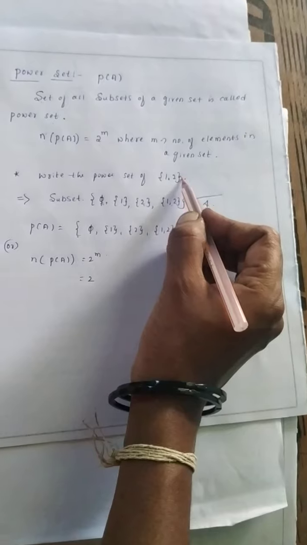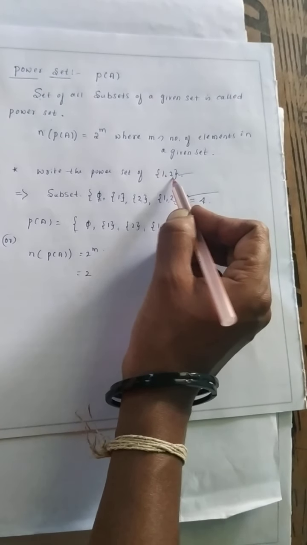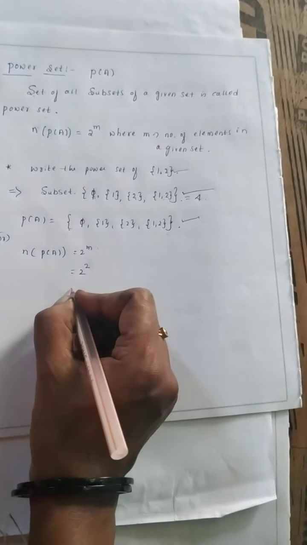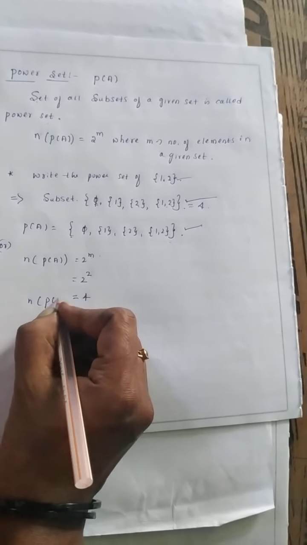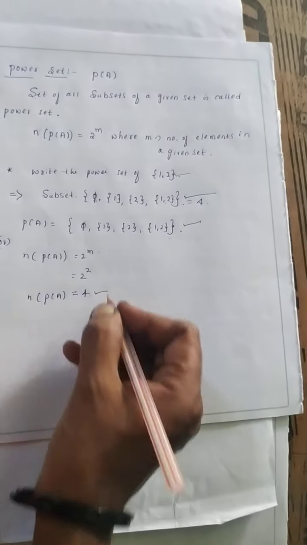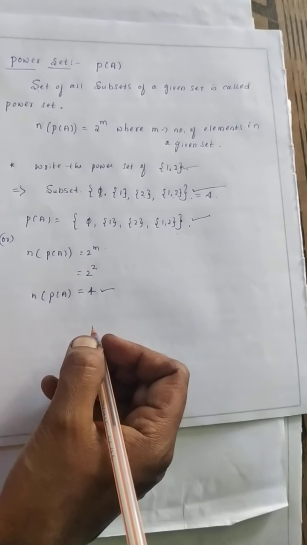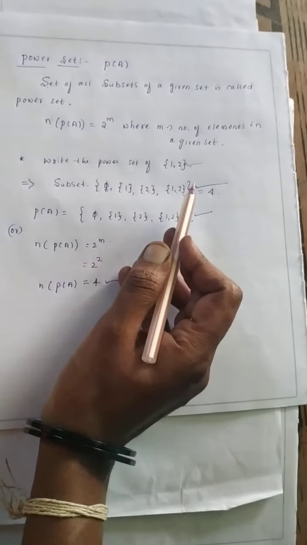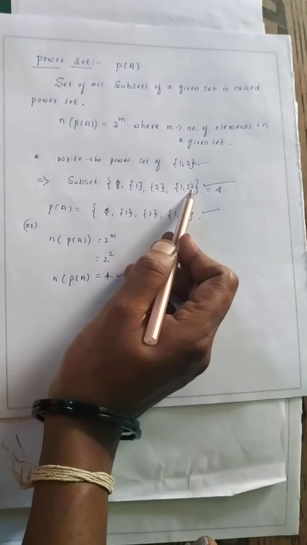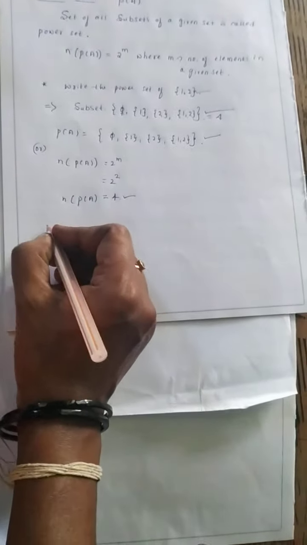In the given set, how many elements are there? 1 and 2, so 2 are there. 2 power 2 is 4. That means in the power set there should be 4 subsets, then only your answer is right. You just count it: 1, 2, 3 and 4. Understood?